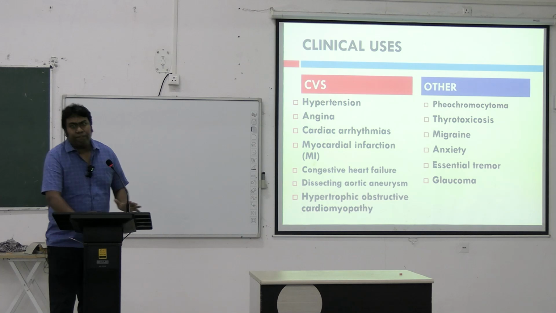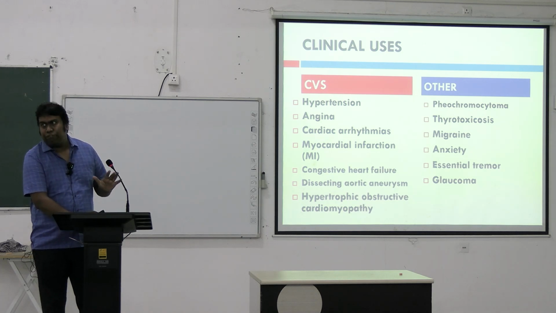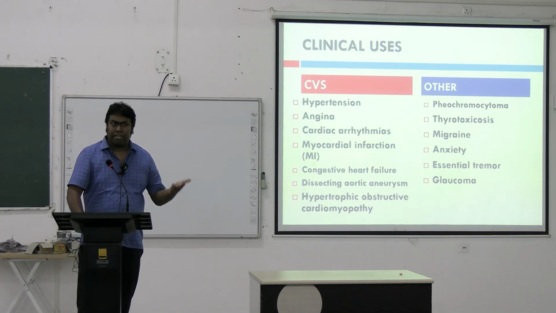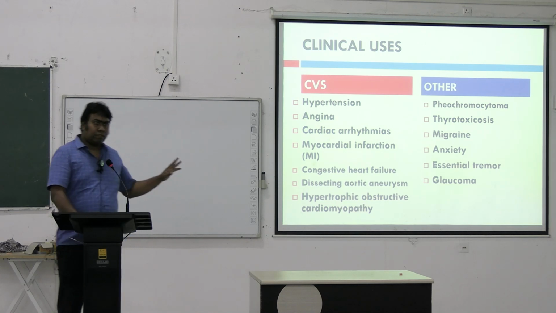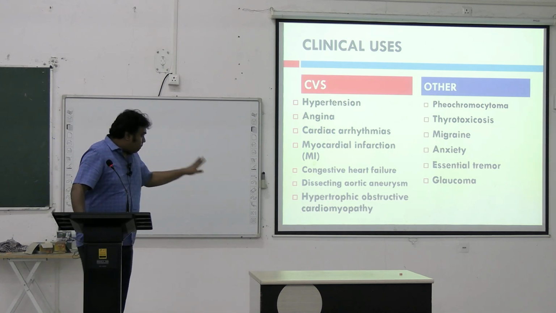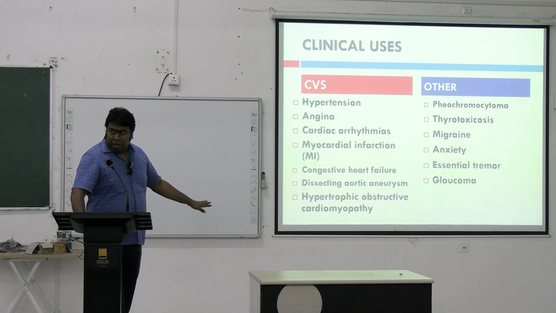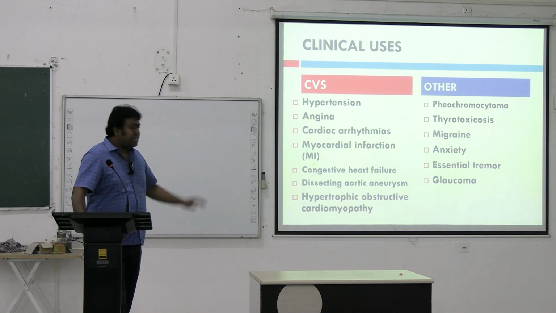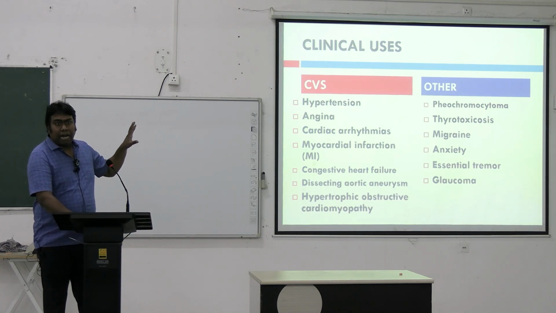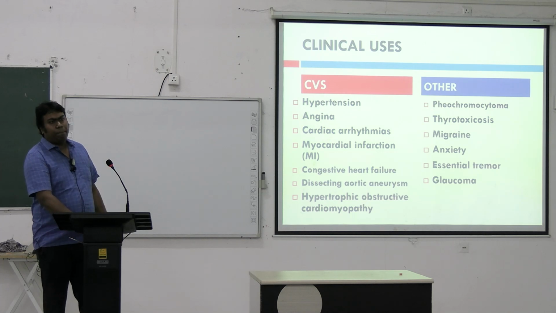So there are 5 cardiac uses of beta blocker, namely hypertension, angina, myocardial infarction, arrhythmia, heart failure. Other than this, 2 important are HOCM, hypertrophic obstructive cardiomyopathy, and dissecting aortic aneurysm. These are all cardiac or CVS uses of beta blocker.